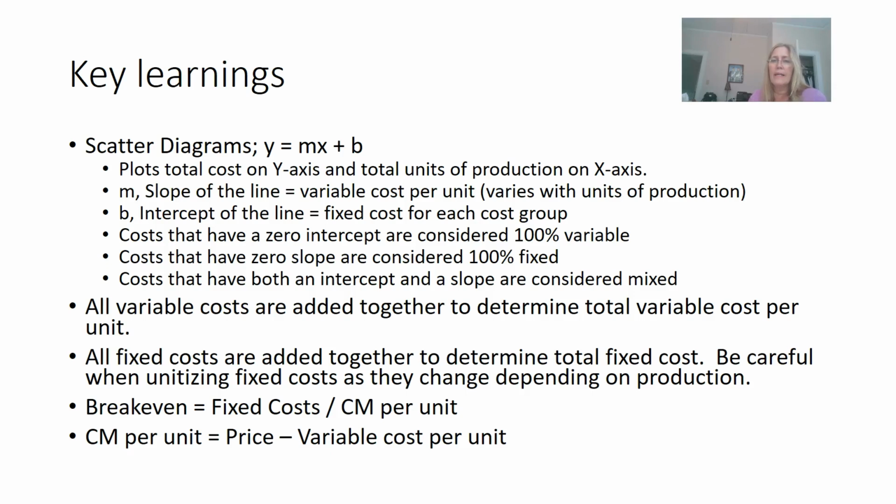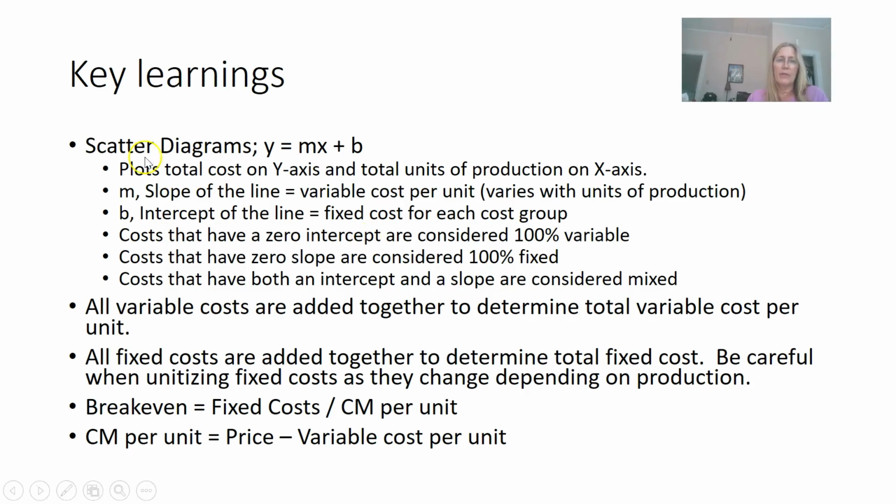Every dot on the graph is a pair. In other words, at a volume of 400, what's the direct material cost? At a volume of 600, what's the direct material cost? And there's a dot on the graph. So a scatter diagram is a plot of coordinate values that occur for various account categories.